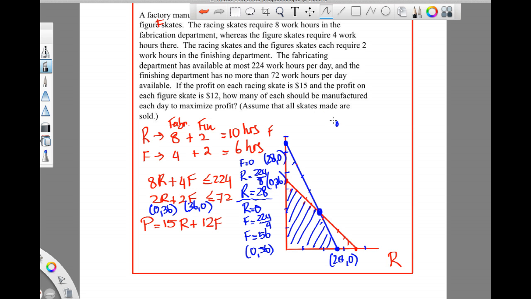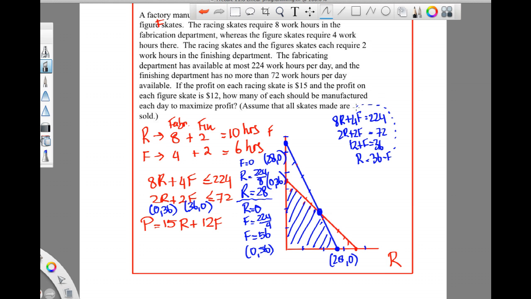So I need to solve 8r plus 4f equals 224. And at the same time, 2r plus 2f equals 72. Divide by 2 here, so you would get r plus f is 36. And then we're going to just solve this for r. So r is 36 minus f.